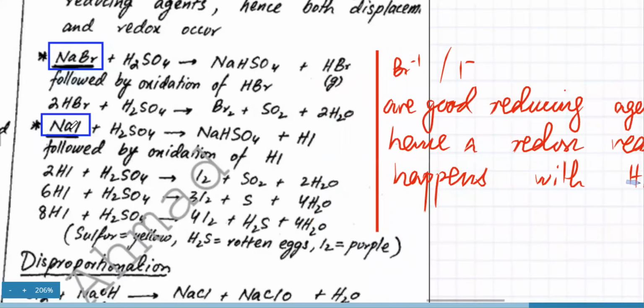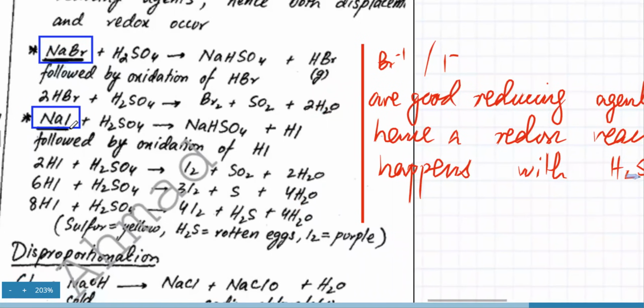In that redox reaction, I- is a much stronger reducing agent. So with I-, the sulfur is reduced a lot. You even get sulfur at minus 2. If you look at all these molecules that are formed, remember, in H2SO4 sulfur has an oxidation state of plus 6.